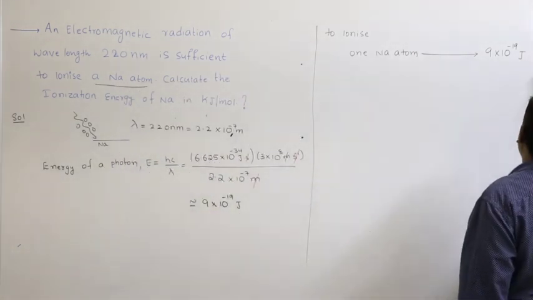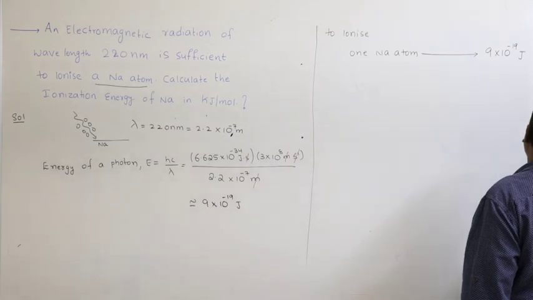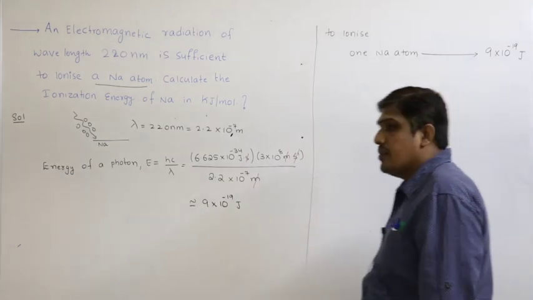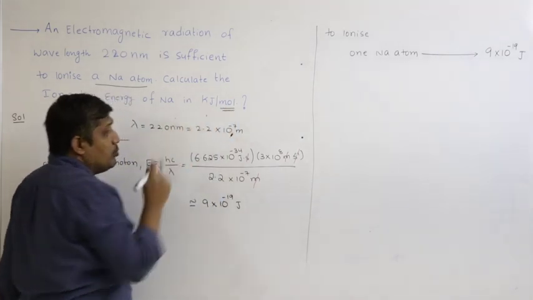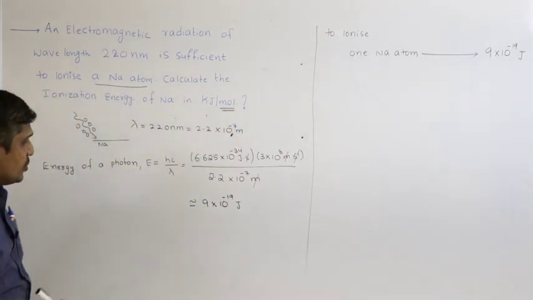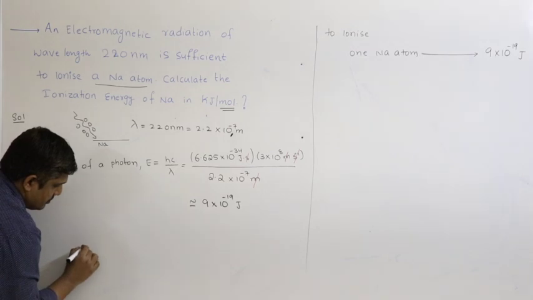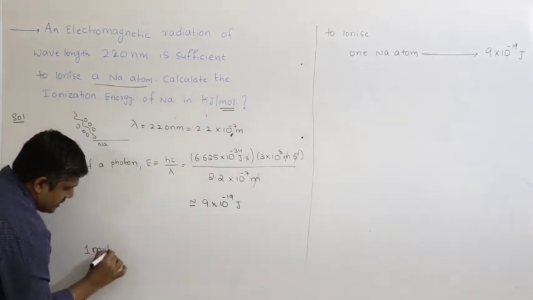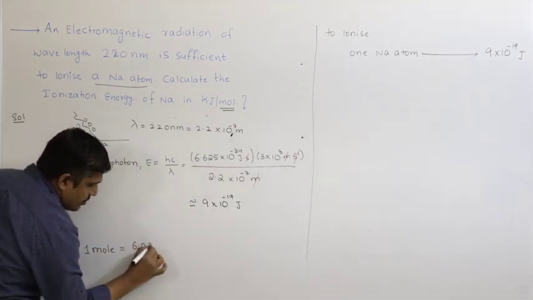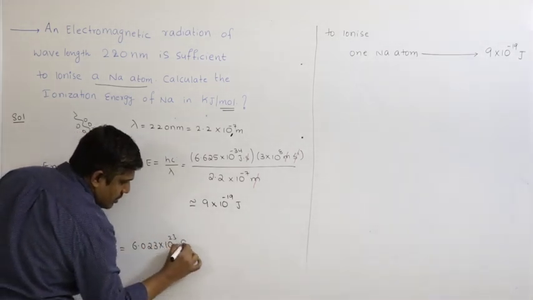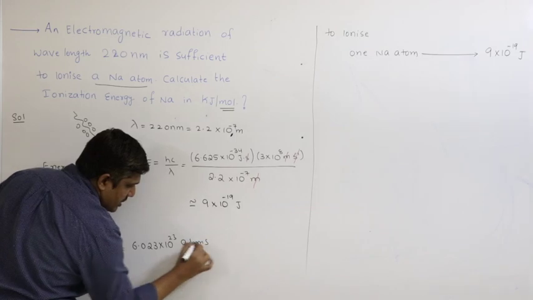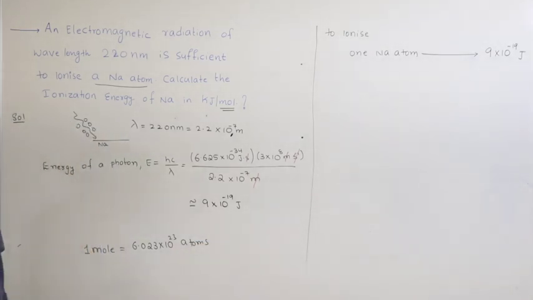So, now we have to find ionization energy of 1 mole. So, what is 1 mole? 1 mole is nothing but Avogadro number of atoms. In 1 mole there are Avogadro number of atoms.